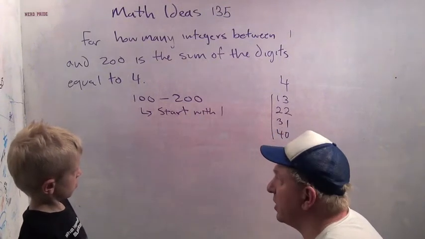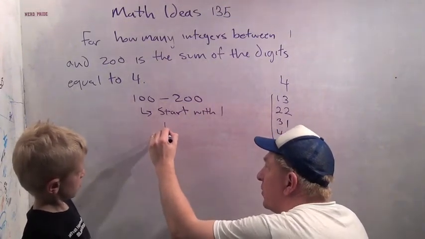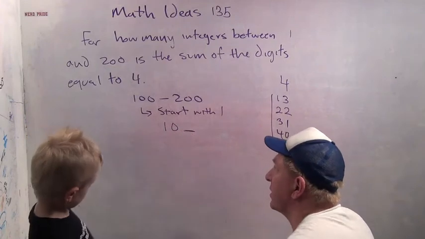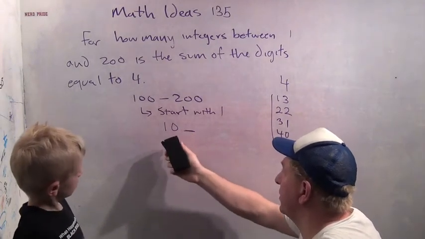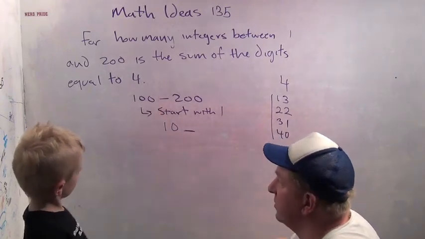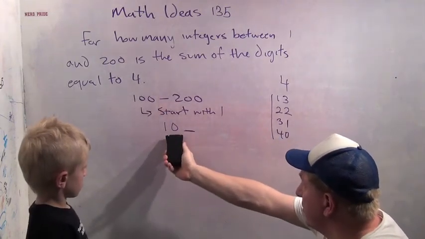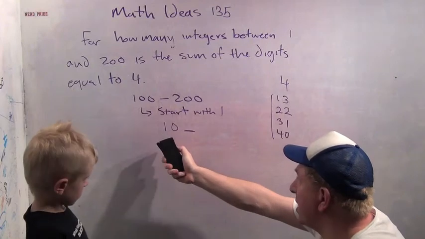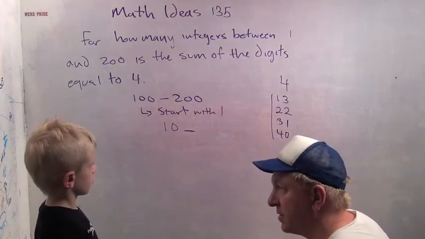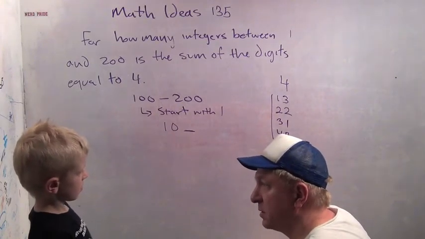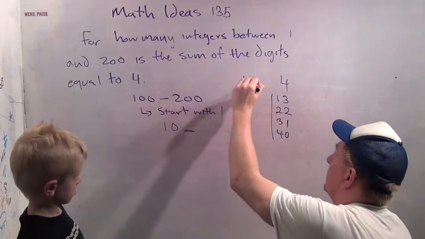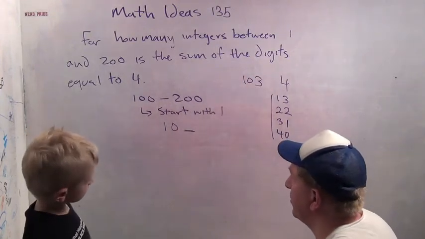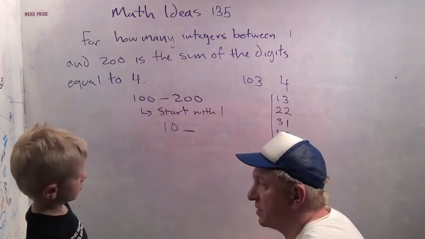The first ones are going to be 1, 0, something: 100, 101, 102. What three-digit number starting with 10 has a sum of digits equal to 4? 103. I'll write those over here.